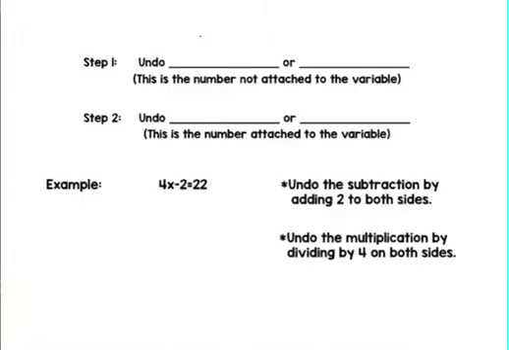So let's take a look at our first example here in our notes. We have two steps to these two-step equations. Our first step is we are going to undo addition and we're going to undo subtraction. That is what we are going to undo first.